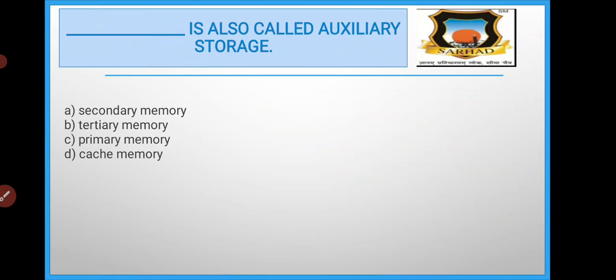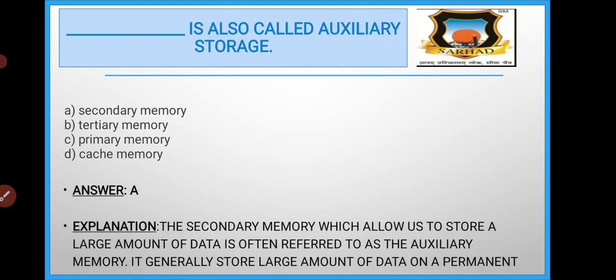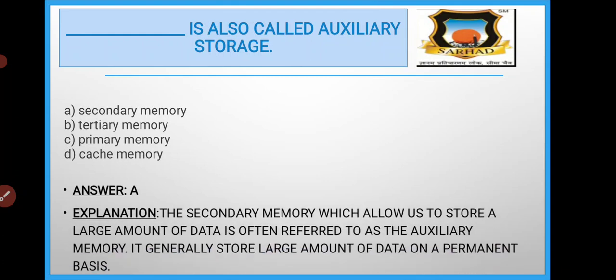Question number 6. Blank is also called auxiliary storage. Option A, secondary storage; option B, tertiary memory; option C, primary memory; and option D, cache memory. The correct answer is option A, secondary memory, because secondary memory, which allows us to store a large amount of data, is often referred to as auxiliary memory, and it generally stores a large amount of data on a permanent basis.